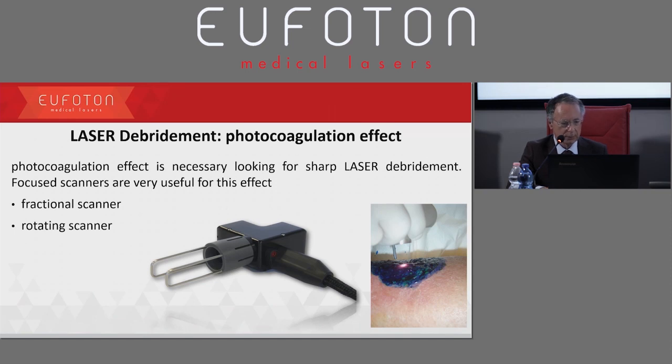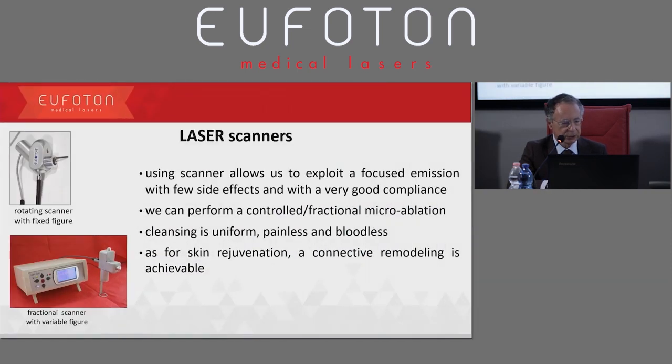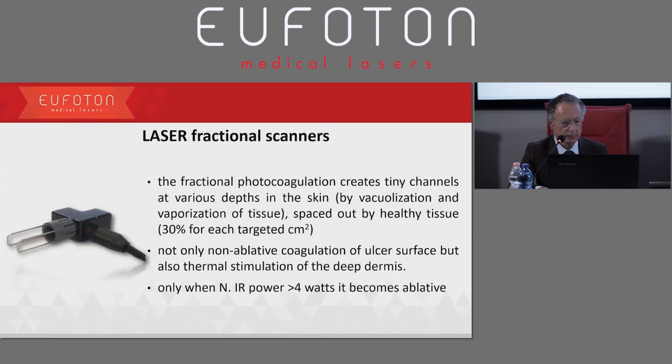The engineering differences will be explained by Mr. Marangoni, while the technical differences, why one or the other: the one you see below works randomly, changing every time the point which is hit. The rotating scanner gives more homogeneous images without this randomization of the laser beam.